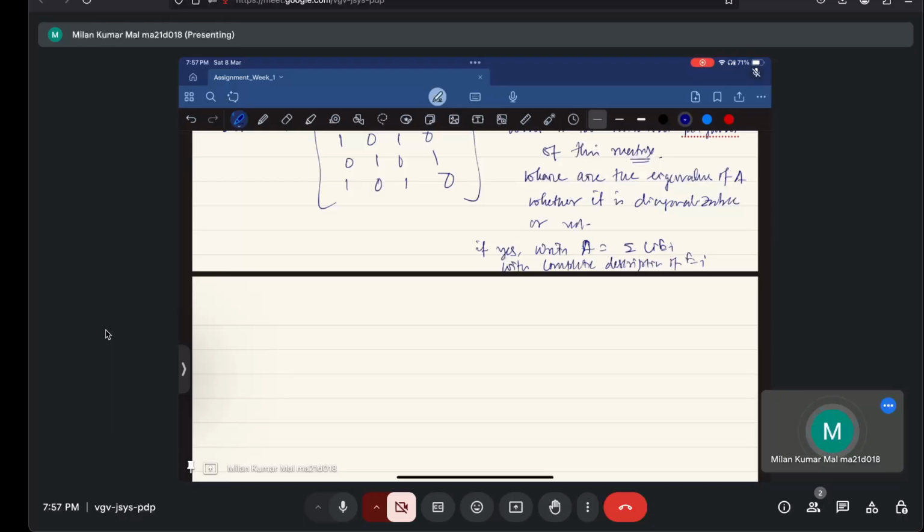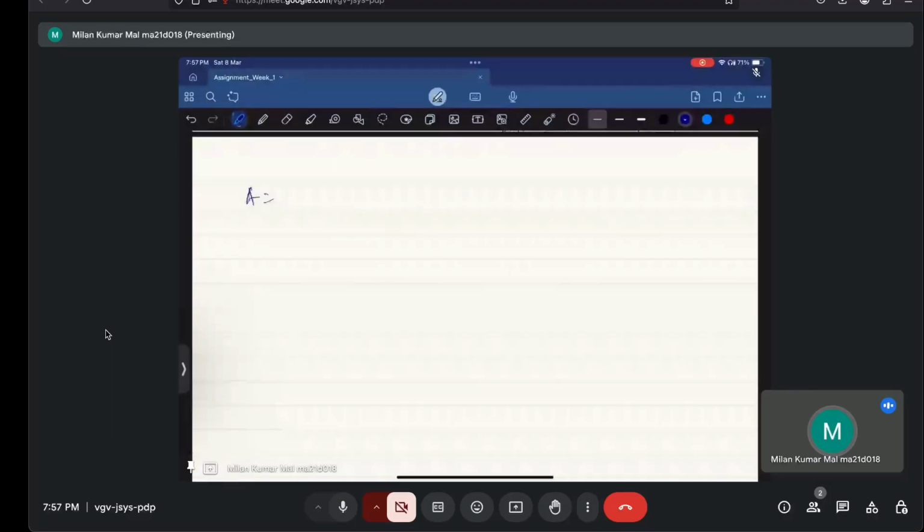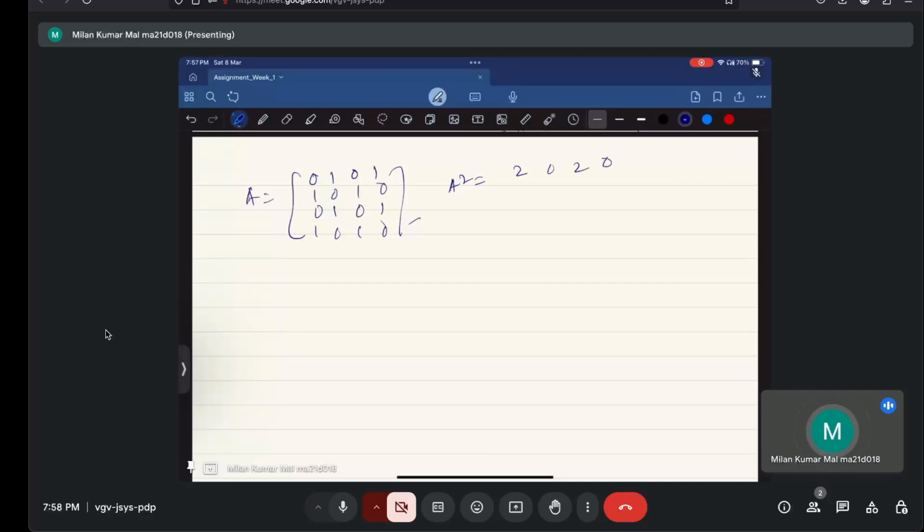Okay, so here the matrix A is 0 1 0 1, 1 0 1 0, 0 1 0 1, 1 0 1 0. So here A squared equals 2 0 2 0, 0 2 0 2, 2 0 2 0, 0 2 0 2.